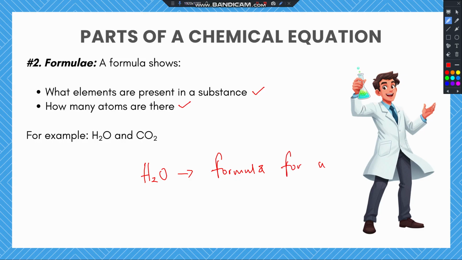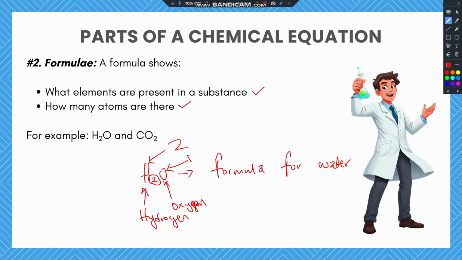It is the formula for water because it tells us that the elements that are contained in water are hydrogen and oxygen. Not just identifying the elements, it also tells us the number of atoms of each element that are present. For hydrogen, we have two atoms because this subscript of 2 belongs to hydrogen. And for oxygen, we have one atom.